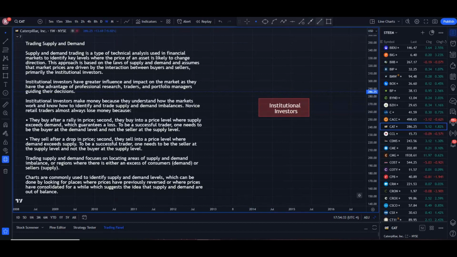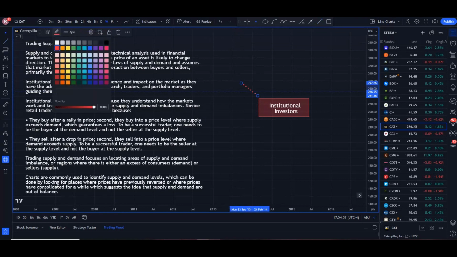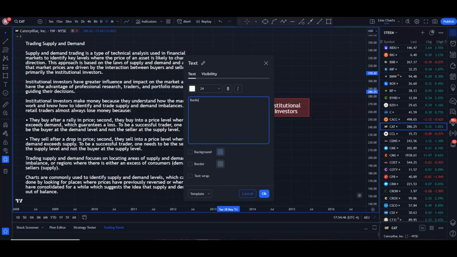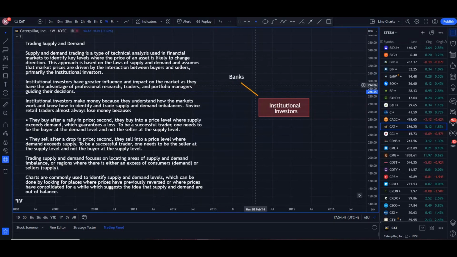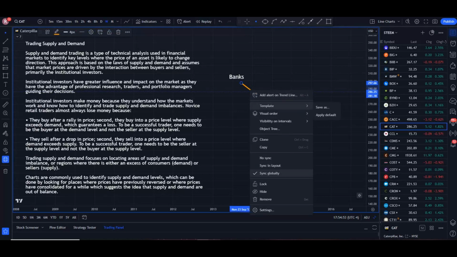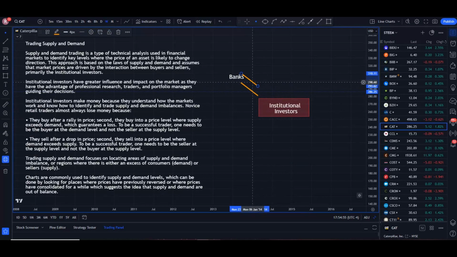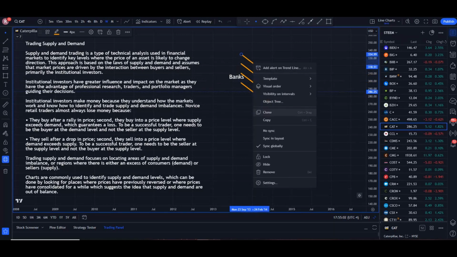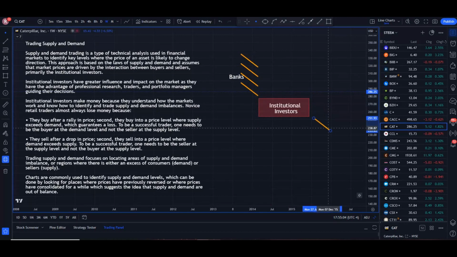All right, so we have the banks. Let's draw a couple of these here.